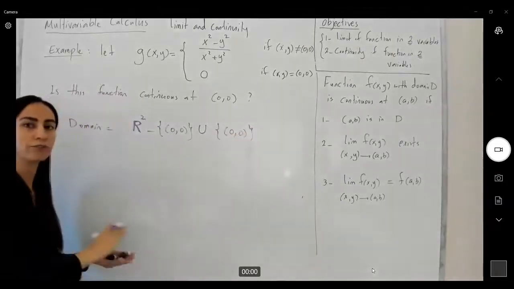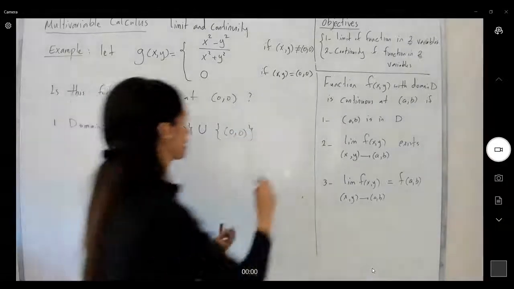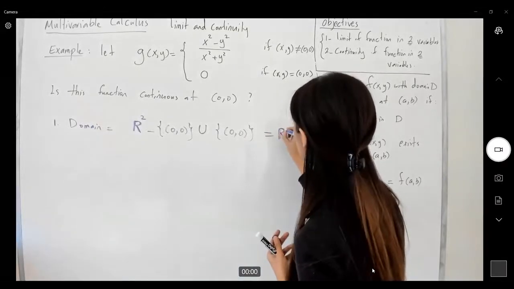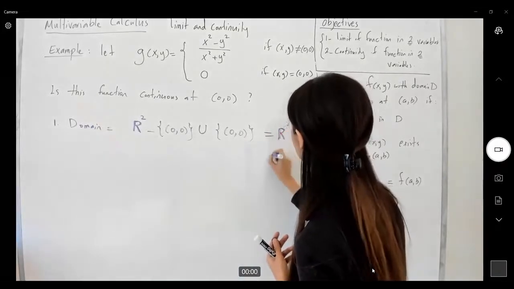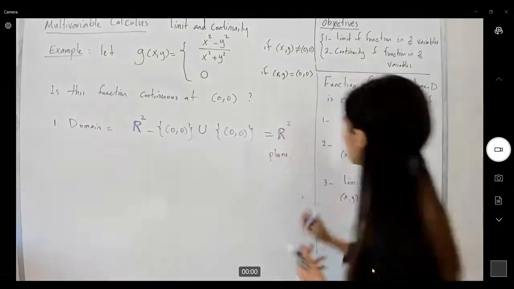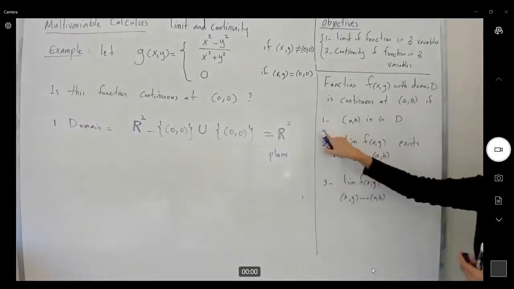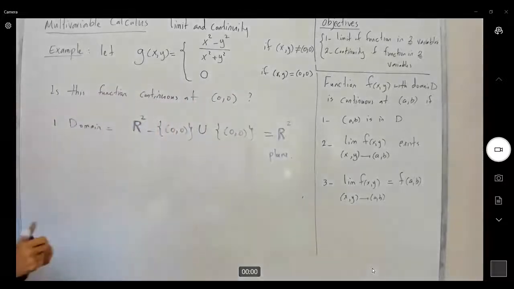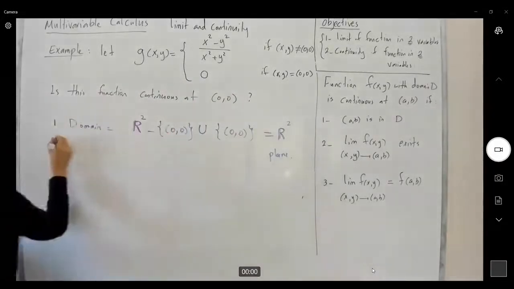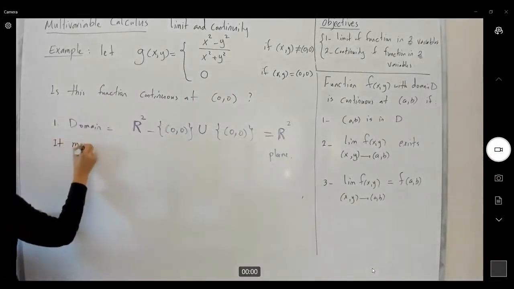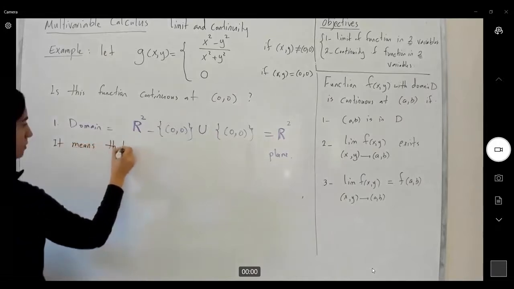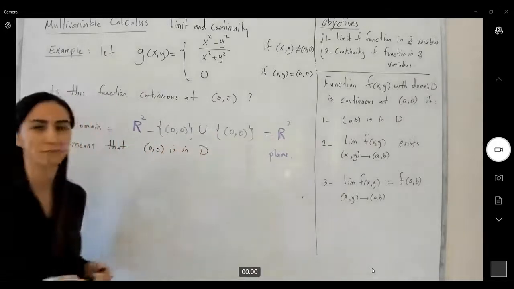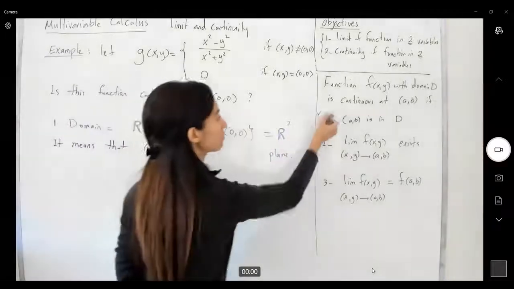You're trying to fill that hole in the surface, and it is equal to R squared, the whole plane. So it means that the first condition is met. 0 and 0 belongs to the domain of the function. It means that 0 and 0 is in D. Okay, we're happy about the first condition.